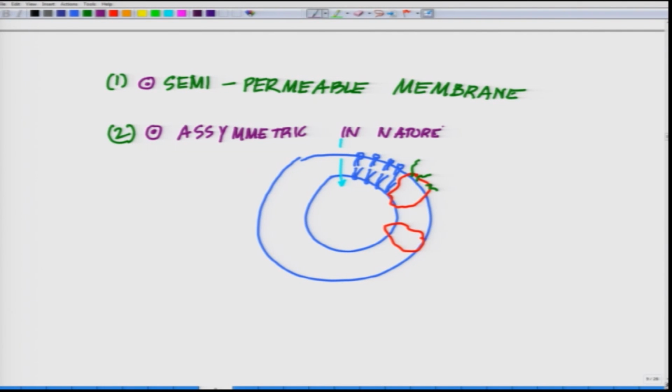In other words, if this is the outer side and this is the inner compartment, the chemical nature of this face is different from the outer face.